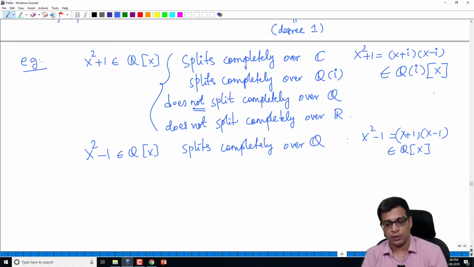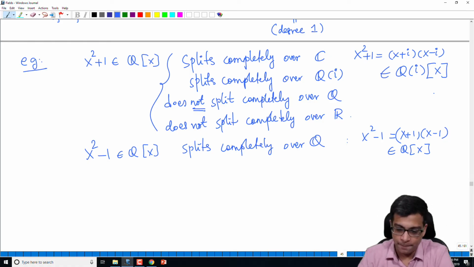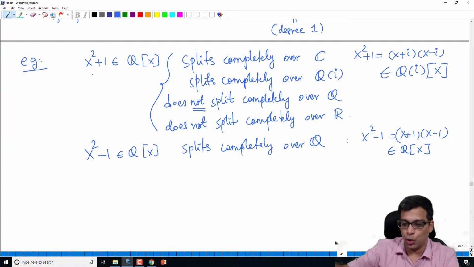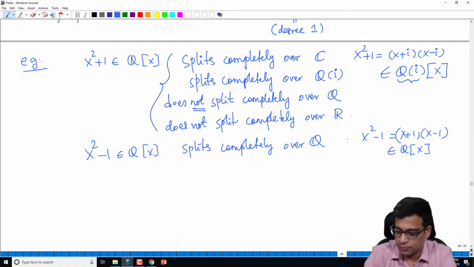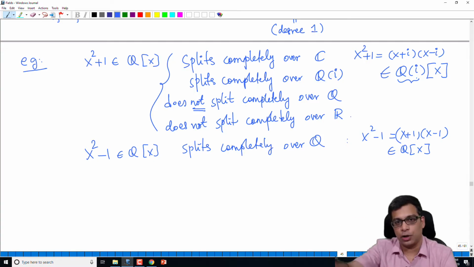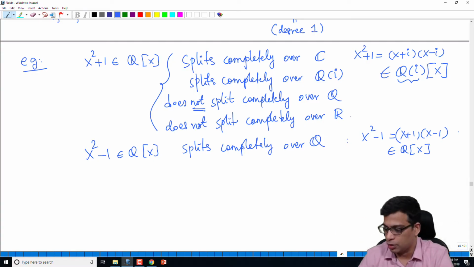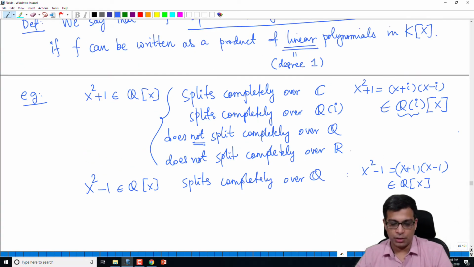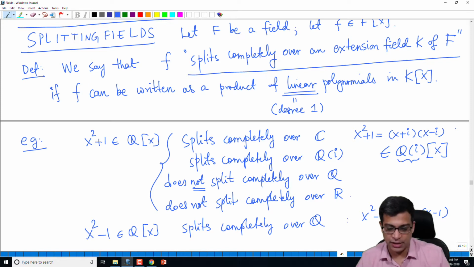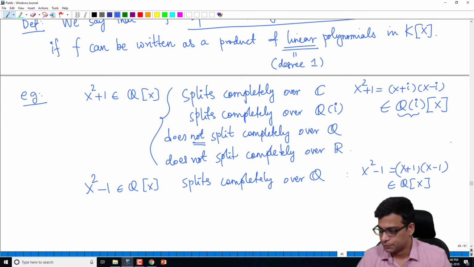In other words, what we are saying is that f has all the roots in that field. Here x squared plus 1 has 2 roots, but not in Q, only in Q adjoin i. You have to go at least to Q adjoin i. So it is a field. We say that a polynomial splits over some field if it has all the roots there. We have to be careful about what all the roots means. What we really mean is that it's written as a product of linear polynomials.